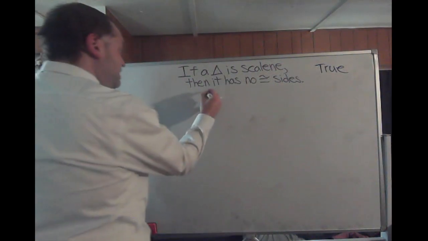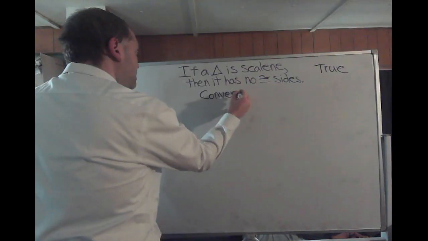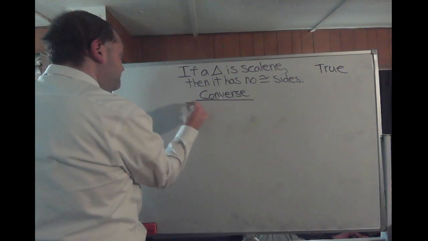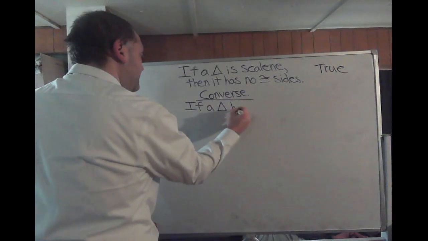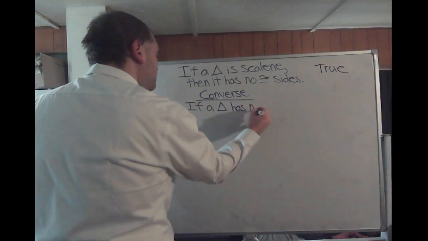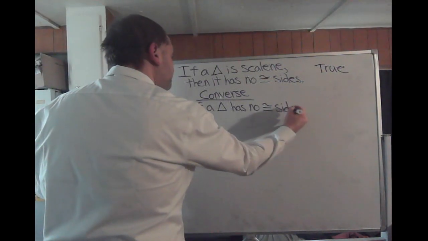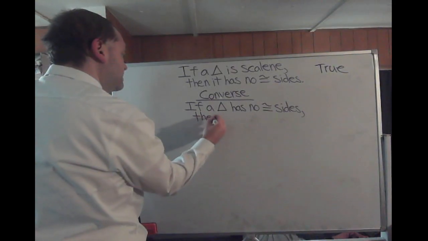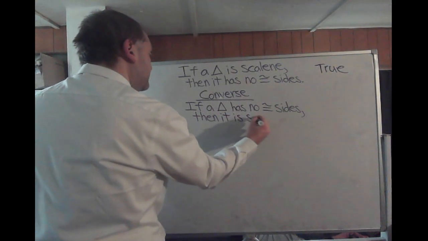Now, what about the converse? What would the converse have to say about that? If a triangle has no congruent sides, then it is scalene.